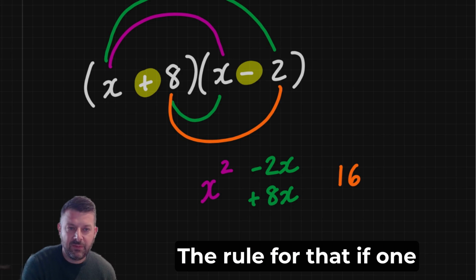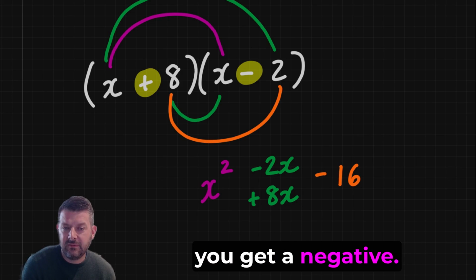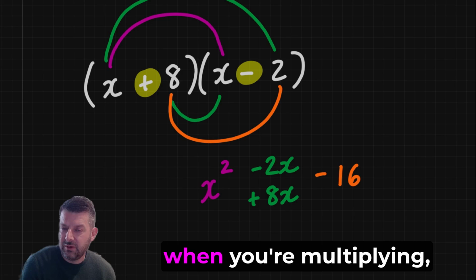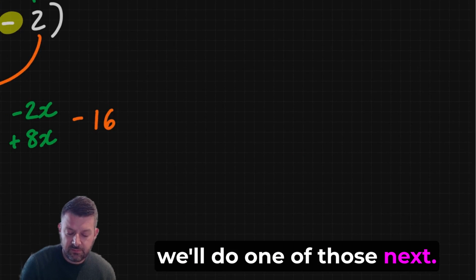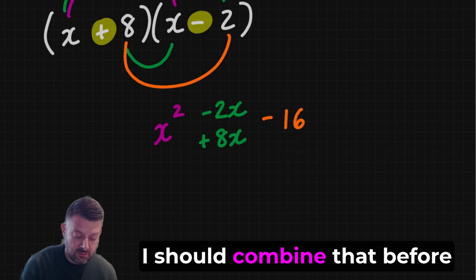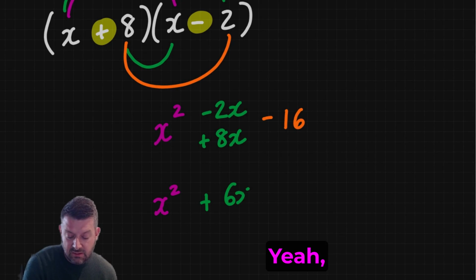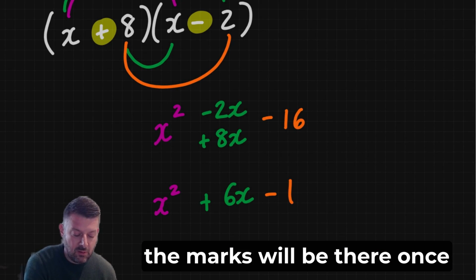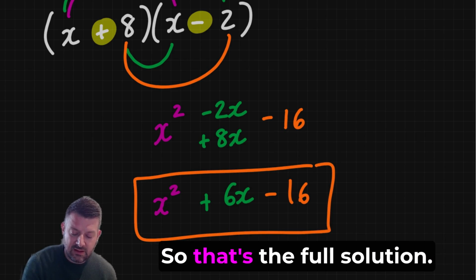The rule for that, if one of them's negative, when you multiply, you get a negative. If they're both negative when you're multiplying, it becomes positive again. And we'll do one of those next. Oh, I should combine that before I move on. So you have to, the marks will be there once you've combined it. So don't leave it how I did it. So that's the full solution.